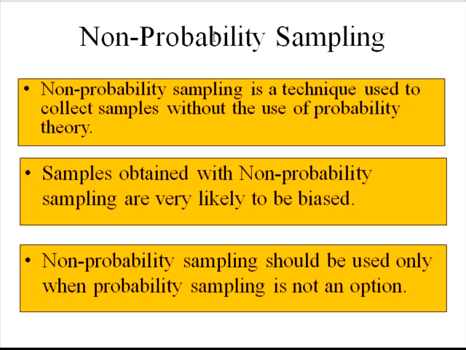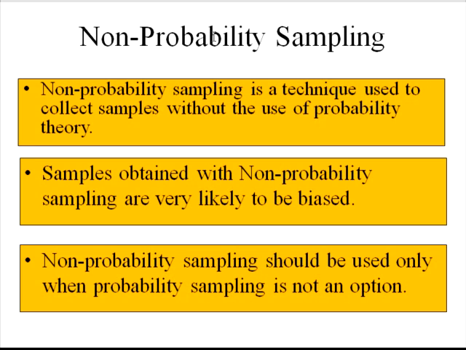So non-probability sampling is a technique used to collect samples without the use of probability theory, right? Samples obtained with non-probability sampling are very likely to be biased. So non-probability sampling should only be used when probability sampling is not an option, right?